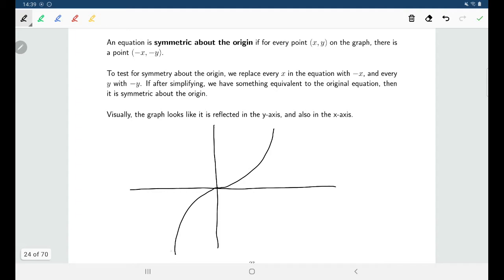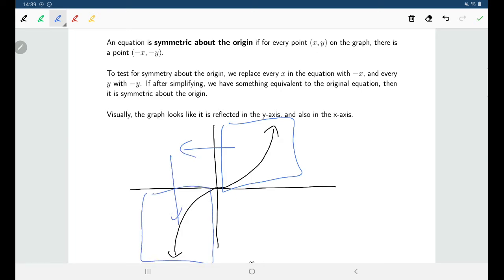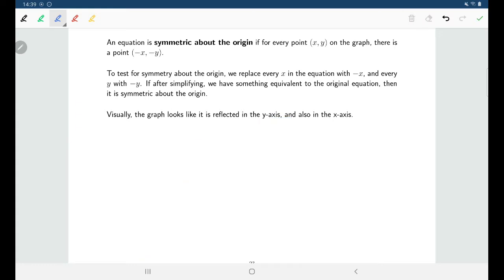So something like this, you could imagine as being symmetric around the origin, that if you took this chunk and flipped it in the y-axis and then flipped it in the x-axis, you would have this equivalent chunk down below. That's what we mean when we say that something is symmetric about the origin.